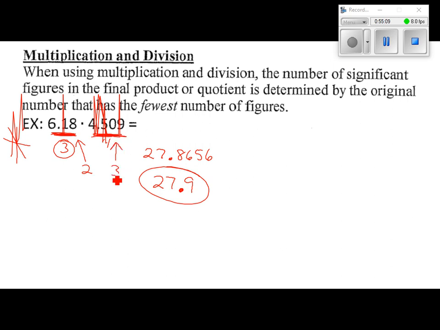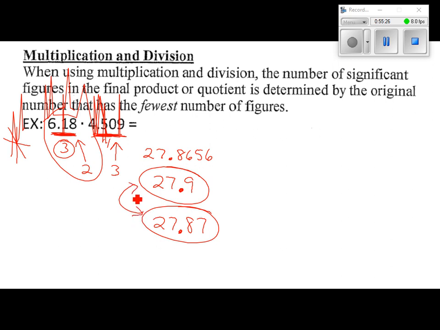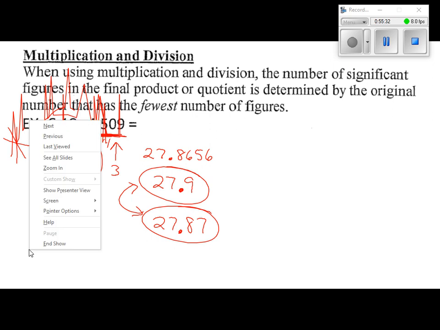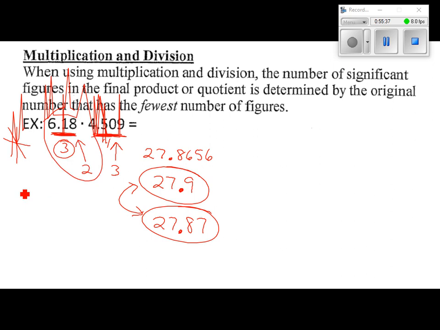What I usually do, if this one has 2, that one has 3, that probably means we want to go out at least that far, so I would go with the 2, and I would round this off to 27.87. If you write down either one of these two answers, I probably wouldn't mark either one of them wrong. But with significant figures, that's the answer that they're saying that's the way it should be. And again, I don't completely agree with that.